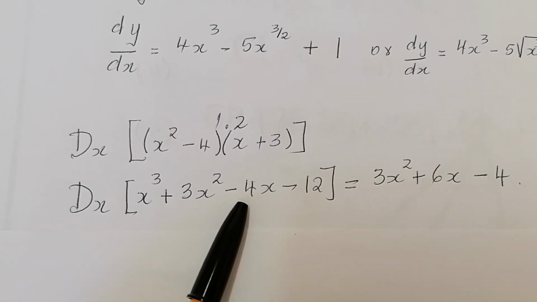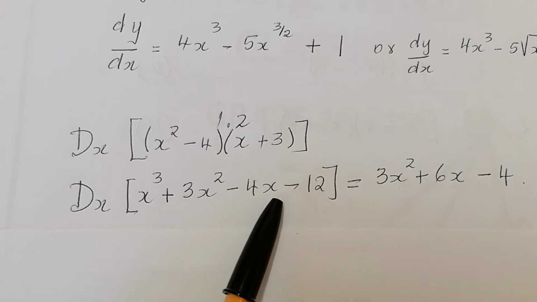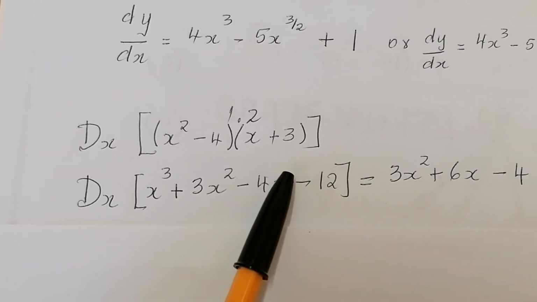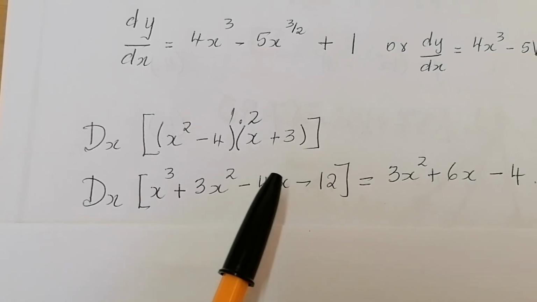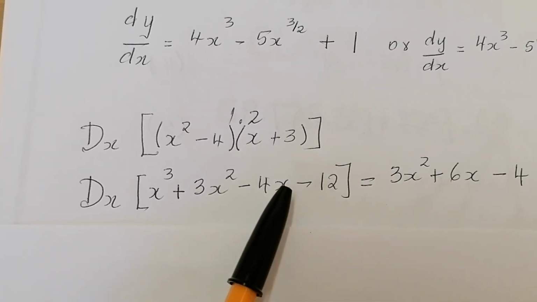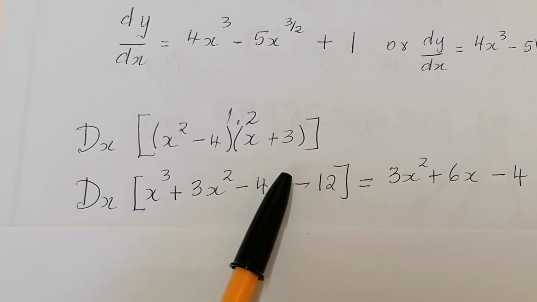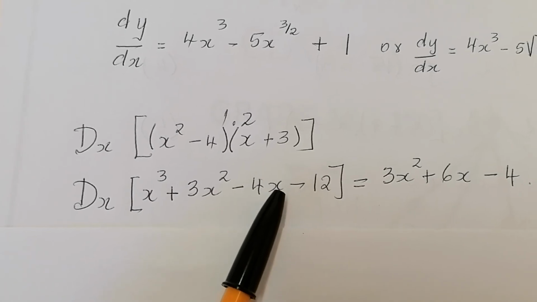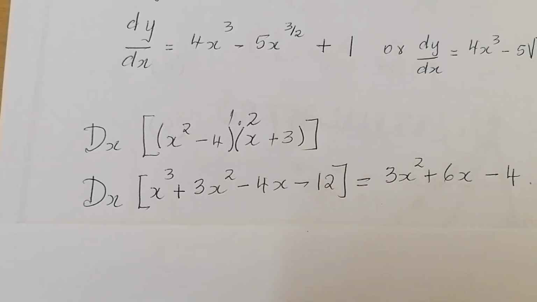The derivative of minus 4x is minus 4. Remember, there's a 1 there. 1 times minus 4 is minus 4. Then I have got a plus 1. Plus 1 minus 1 is 0. And x to power 0 is 1.